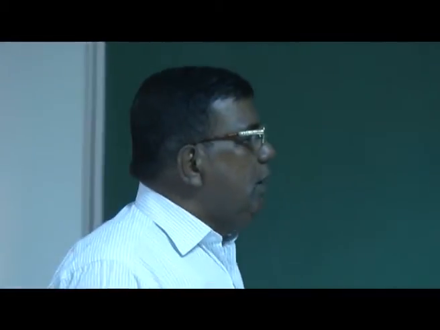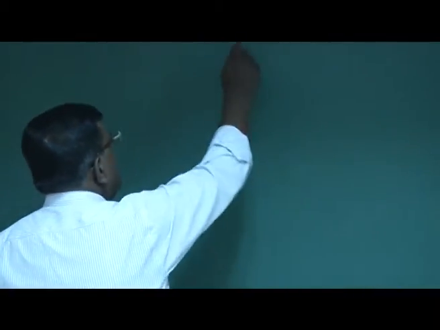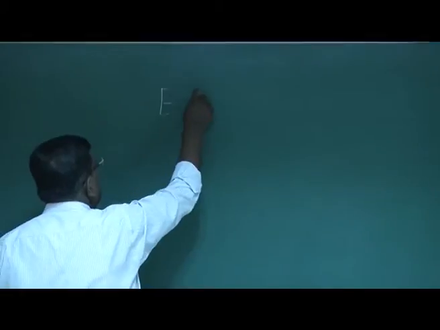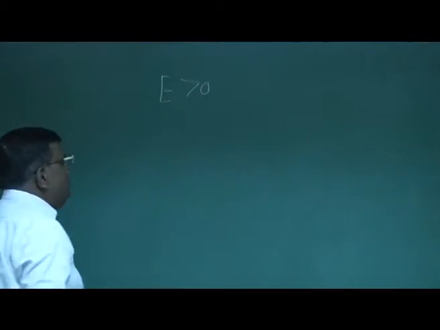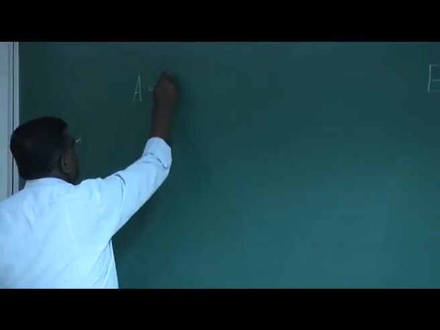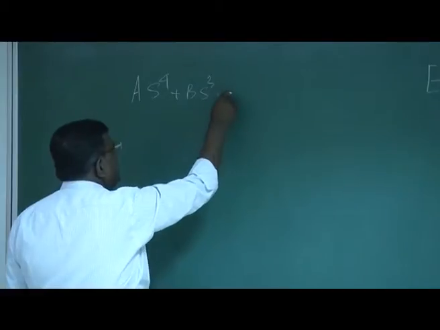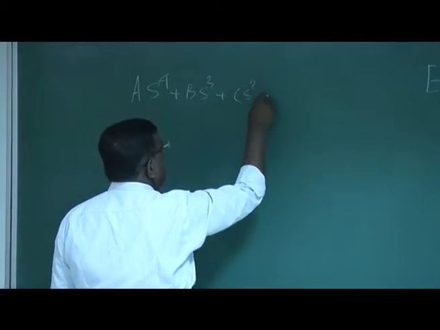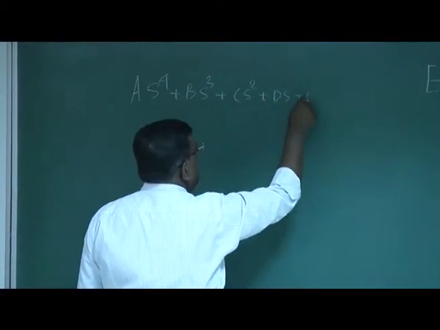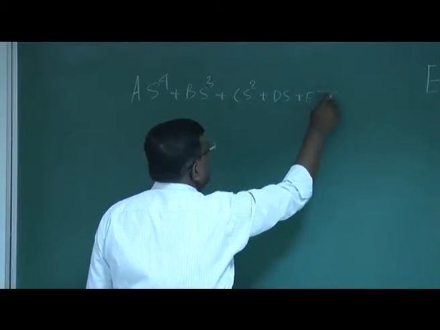Okay? So we try to revisit this E greater than 0 condition, which came from the characteristic equation As^4 plus Bs^3 plus Cs^2 plus Ds plus E equal to 0.